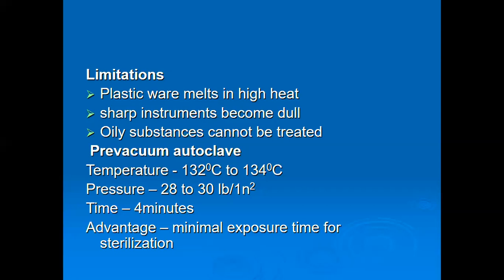Class N autoclave is something which you come across in your regular dental clinics or your colleges. The one like a pressure cooker, a simple autoclave. The main difference between class B and class N is that class B is more digitalized. You can incorporate a dry cycle into it.